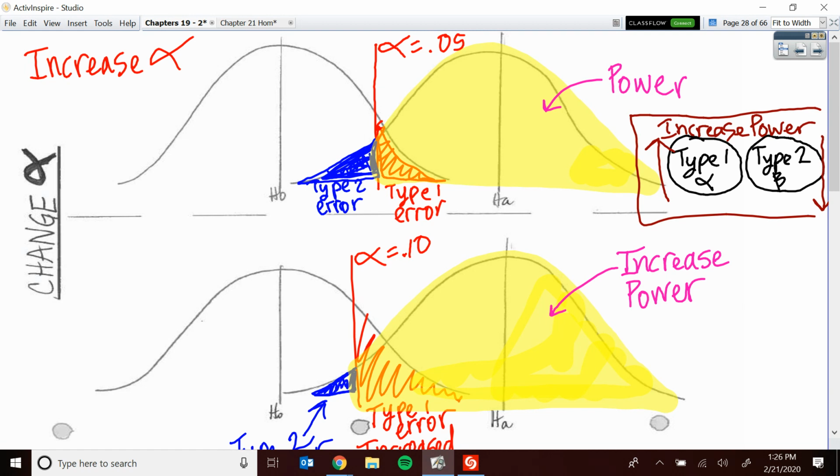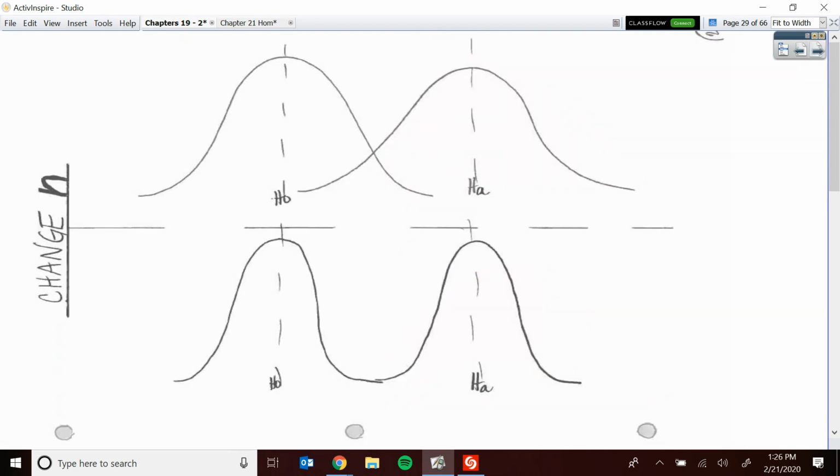Let's do the next page. Are you ready? So the next page is the other thing that researchers can control. And what is that? Sample size. So taking a look at these two pictures, I didn't really draw the bottom one quite to scale. It should probably be taller because they look like they have different amounts of data in them.